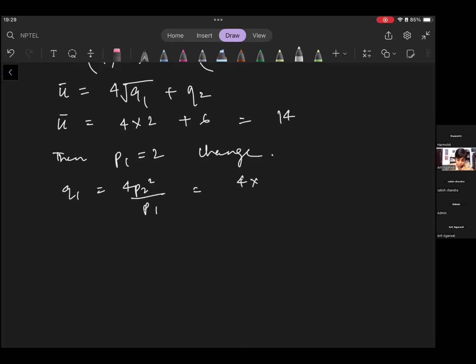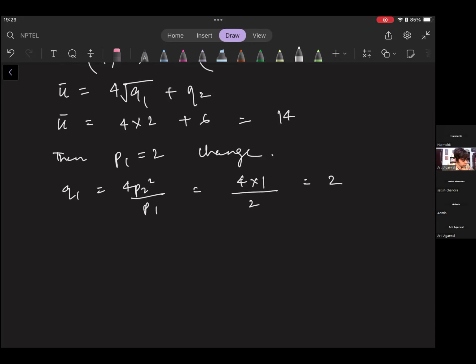So 4 into 1 by P1, which is 2. So Q1 comes out to be 2. Am I right? I'm just making sure I've not made any mistake, because it wastes a lot of time if I go back and correct it.